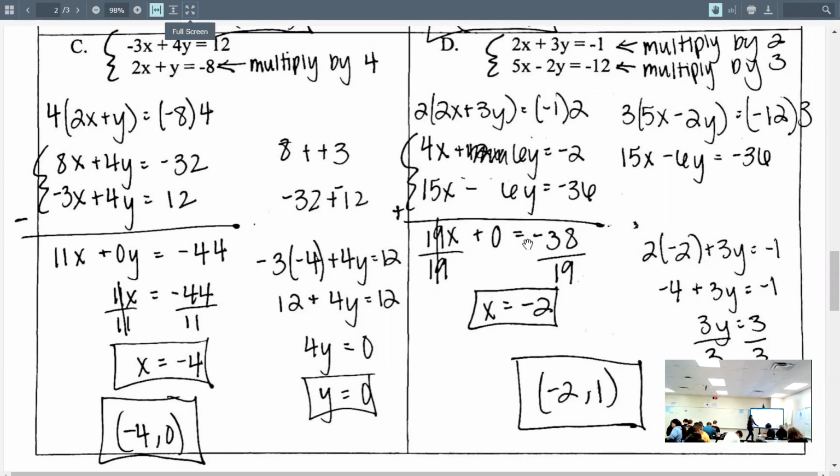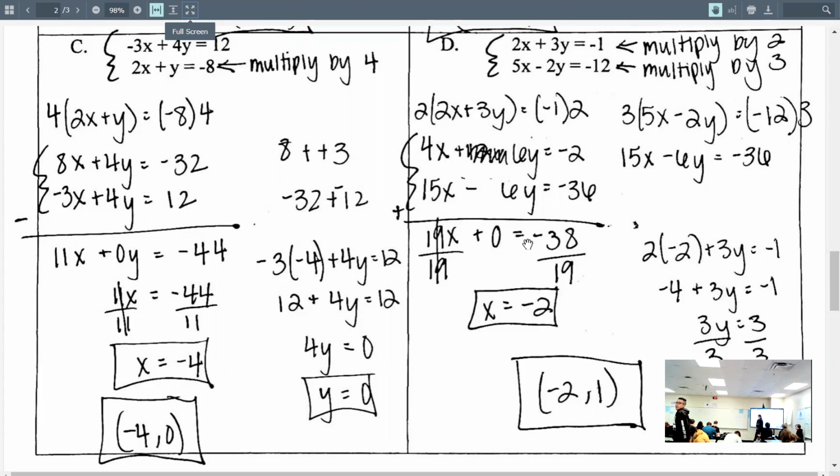You could have multiplied the top one by 5 and the bottom one by 2 to eliminate x, or you can multiply the top one by 2 and the bottom one by 3 to eliminate y. You have to multiply both equations this time, and then solve using elimination.